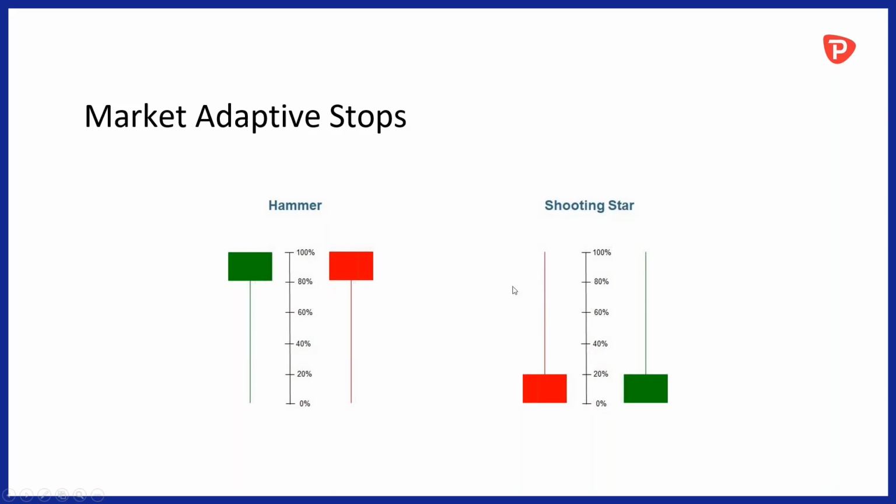The best thing to do is if you see something like a candle or a place where you want to place a stop loss, you can take the distance of that particular candle and work that out into a percentage. So let's say this was 100 pips long, and then we can put the stop loss, let's say, 10 to 20% behind it. And what that does is it gives us a market adaptive stop.